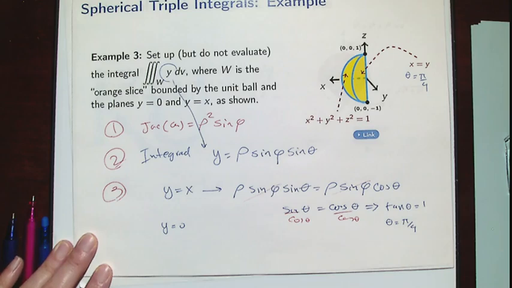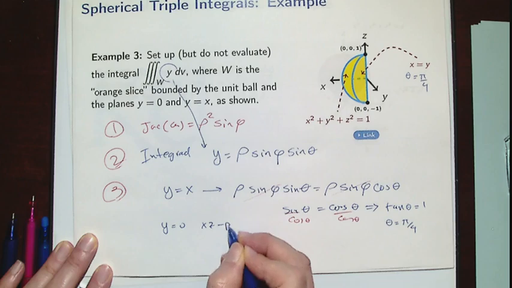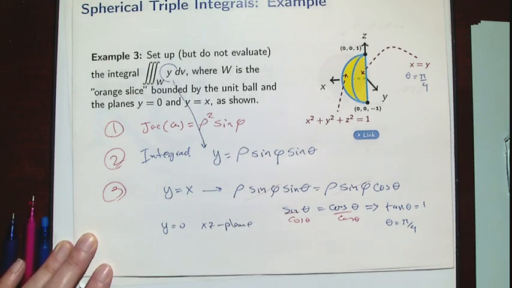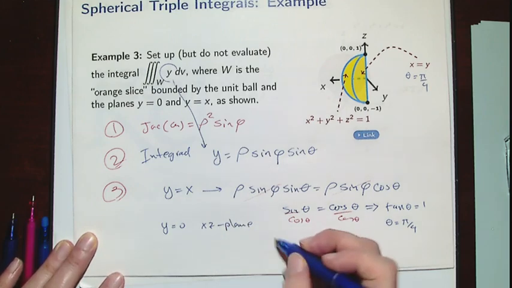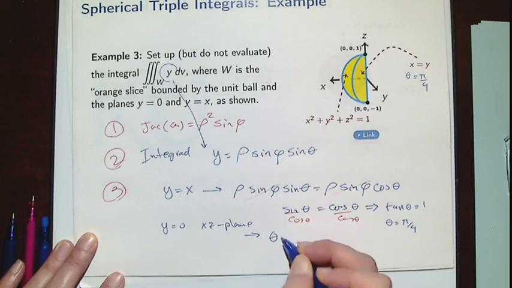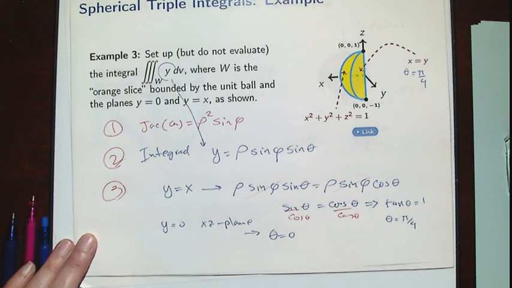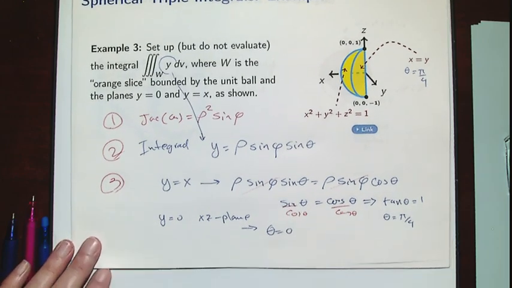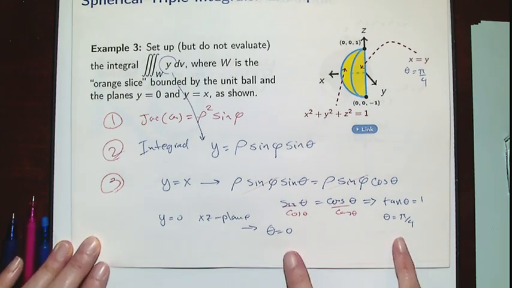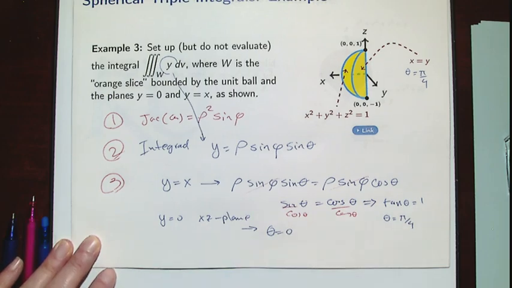What is the xz plane? The xz plane is theta equal to 0. So sometimes in the conversion, you have to put in some other effort. Now this is a case where theta is not constant. Theta is bounded besides 0 and 2 pi. It's not a full rotation of theta, which is fine.